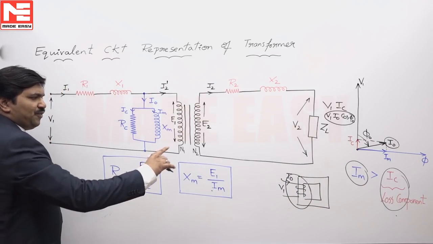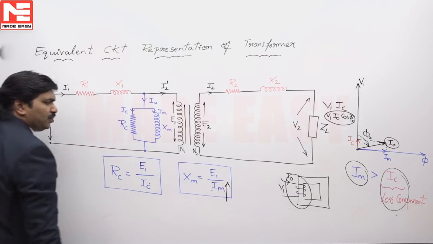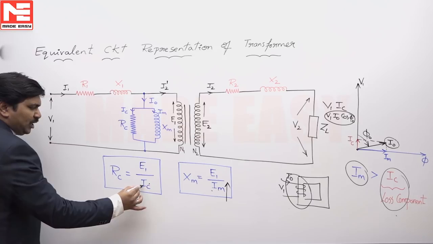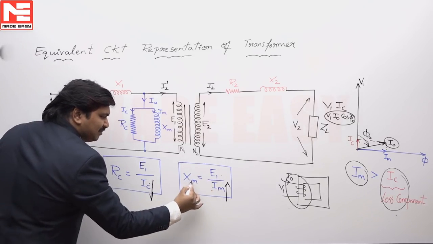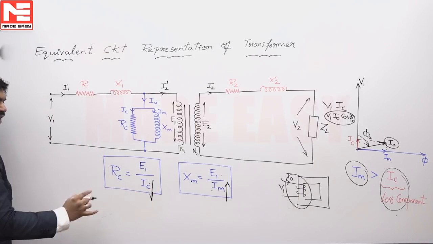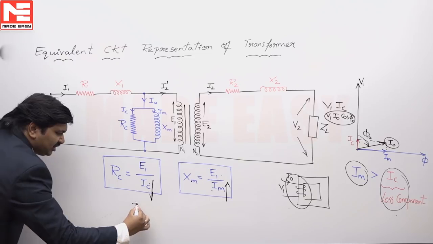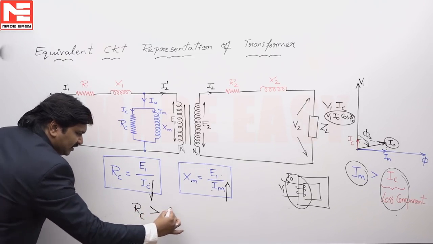So, when IM is more compared to IC, if this is more, XM is less. If this is less, RC is more. Therefore, the relationship is RC is always greater than XM.